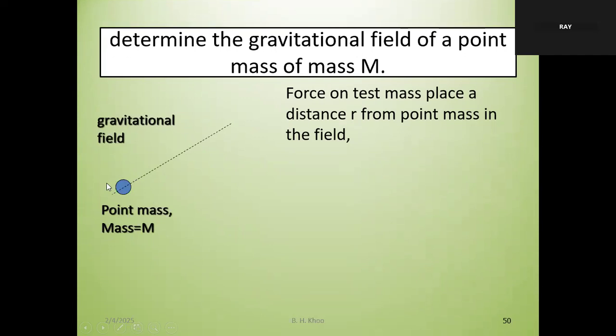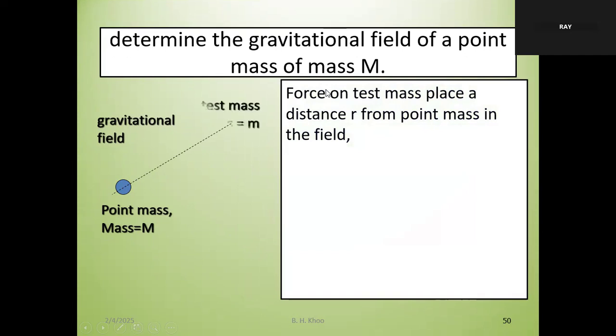So we want to determine the gravitational field strength of this point mass at a distance r away. Usually we put a test mass there. The test mass is placed a distance r away from the point mass in the field. That's what we started with.